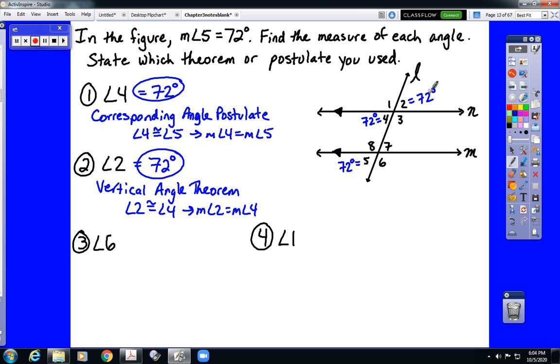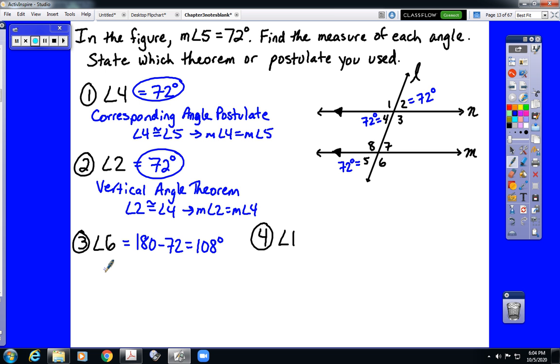They do use the same rule, in my opinion. So pause the video, give it a shot. Okay, so angle 6, it's very easy for us to look at angle 6 and say that angle 6 should be 180 minus 72, or 108 degrees.